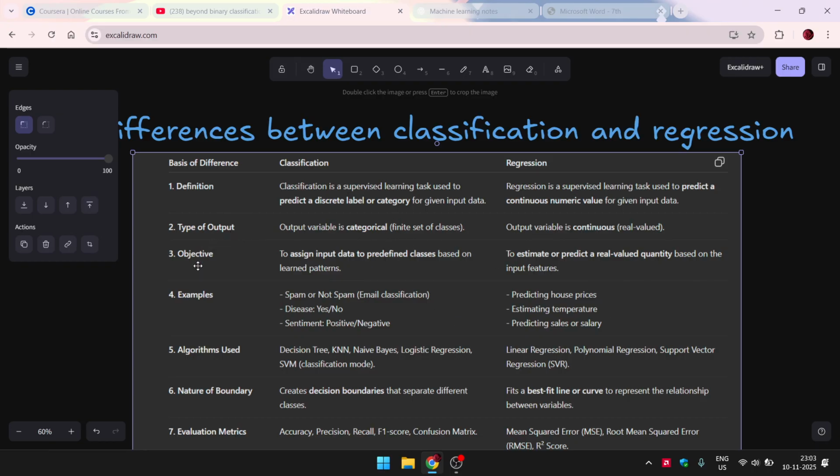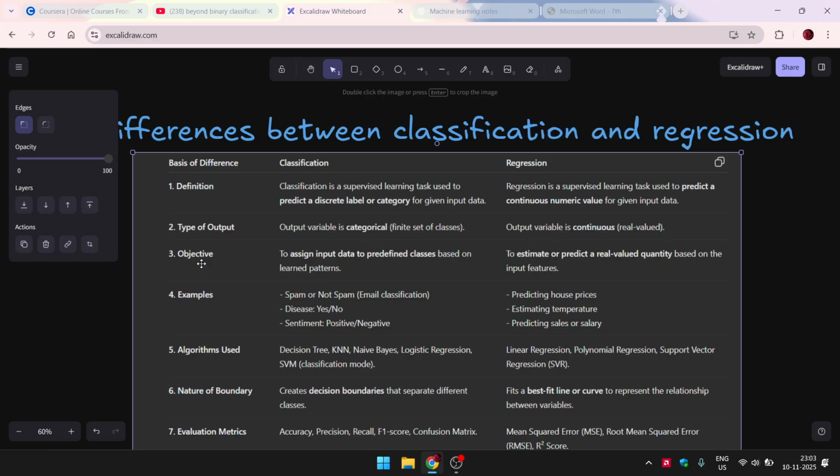Objectives. What are the objectives of classification? To assign input data to predefined classes based on learned patterns. Let's take the example of email classification. An email can be spam or not spam.